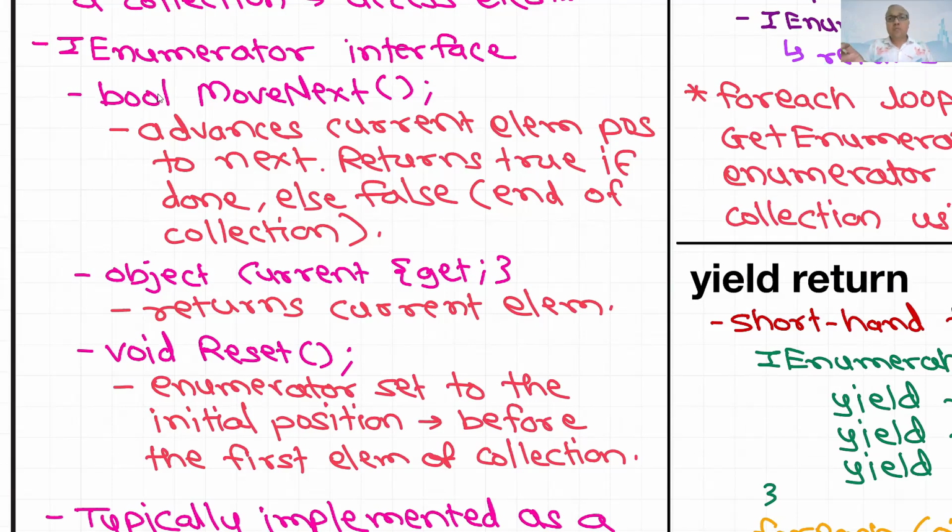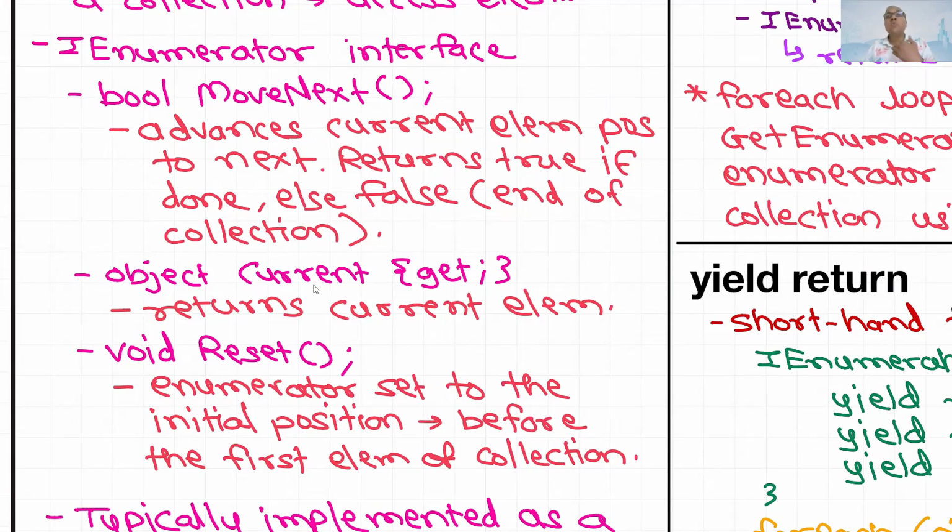The job of this enumerator is to keep track of the current element and then keep advancing to the next element for every next iteration. So MoveNext will actually take you to the next element in the collection. And then we can access that element using the property that is nothing but the Current property.